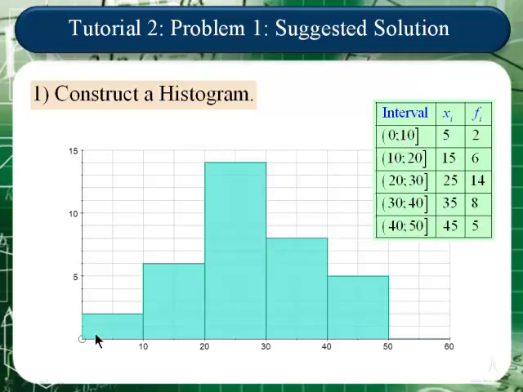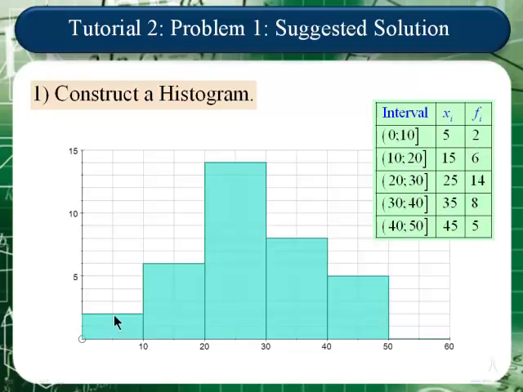So we construct columns, the one starting at 0, ending at 10, the next one from 10 to 20, from 20 to 30, 30 to 40, 40 to 50, and the height of each column depends on the frequency.